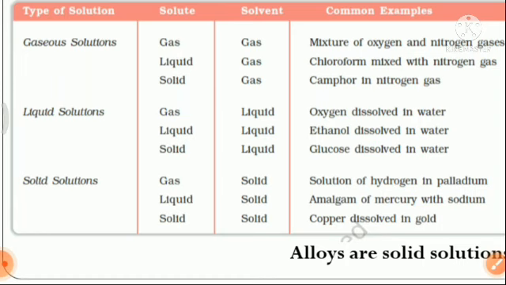You must try to remember an example of each type of solution, because sometimes a question is asked to define a type of solution and give an example. In everything that you learn in science or in this chapter, you have to remember at least one example of each topic. Next we are going to solid solutions. Solid solutions are very rare.